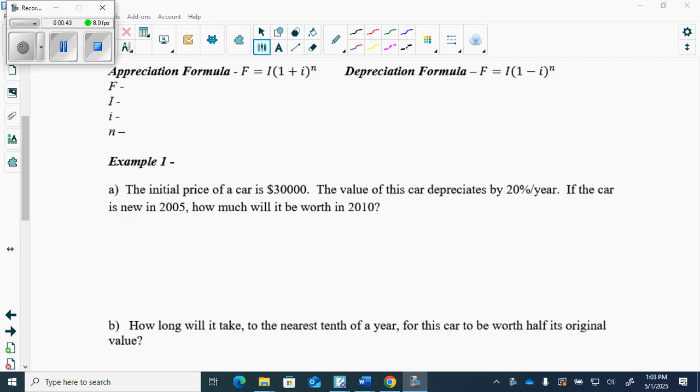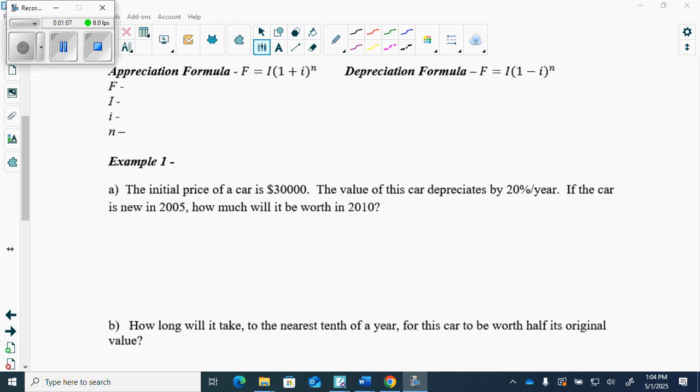So what is 100% as a decimal? 1. All right. So we're agreeing that if we neither increase nor decrease, we're at 100%, which is 1.0 as a decimal.